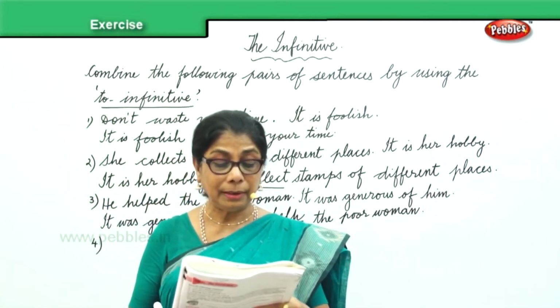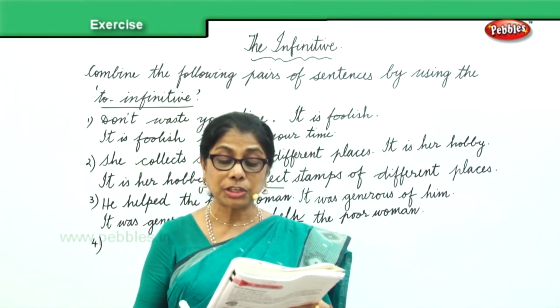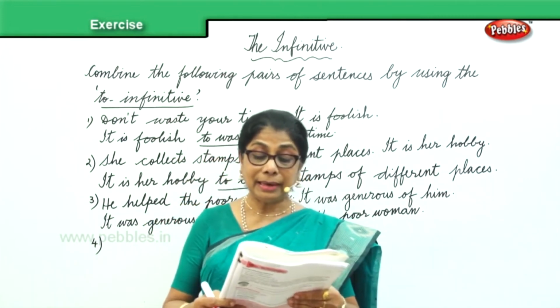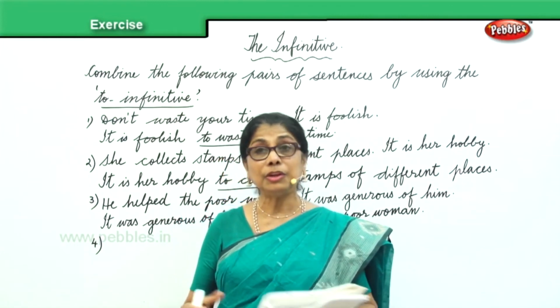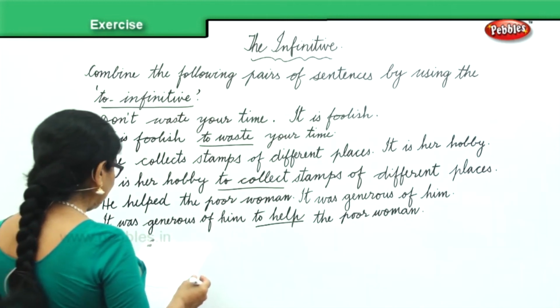Millions of people bathe in Ganga. The purpose is to wash away their sins. So, how will you combine that? Millions of people bathe in Ganga to wash away their sins. So, we have another sentence here.